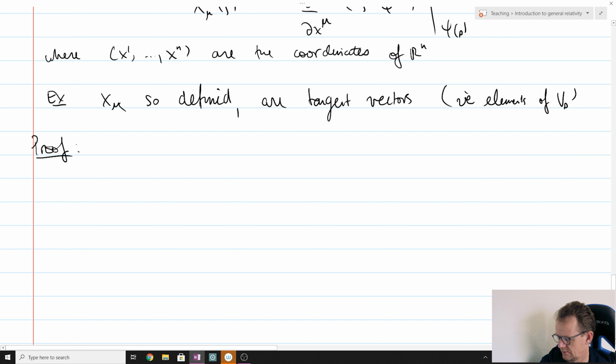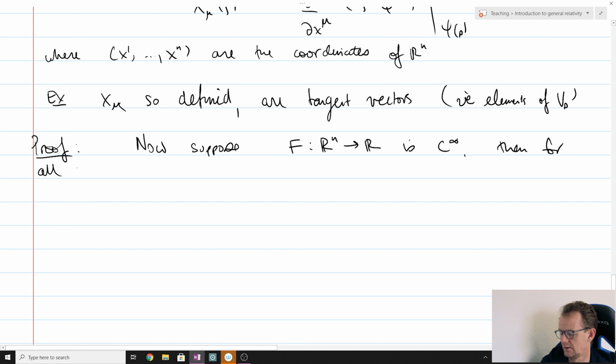Now here we go. Suppose that big F is some nice smooth function. Then there's a way to expand f that looks like a Taylor series. It's really an instance of the intermediate value theorem.